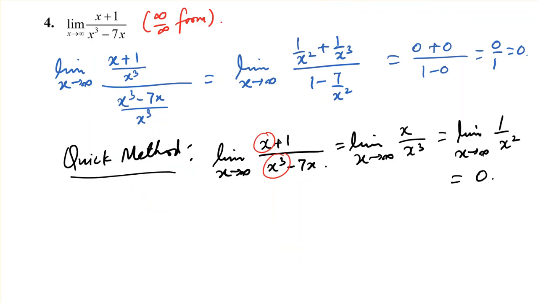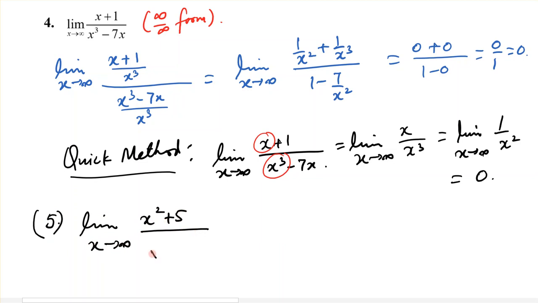I just decided to discuss one additional example in which we have a square root. So let's try this one. The limit as x approaches infinity of x squared plus 5 over the square root of 64x to the power 4 plus 1.